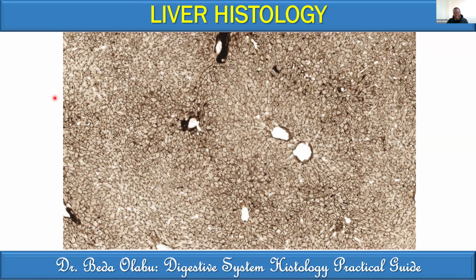We see a fine branching of collagen fibers staining dark here, surrounding the cords of hepatocytes or the cords of liver cells. So what you see here is a demonstration of how elaborate the collagen type 3 is in the liver.